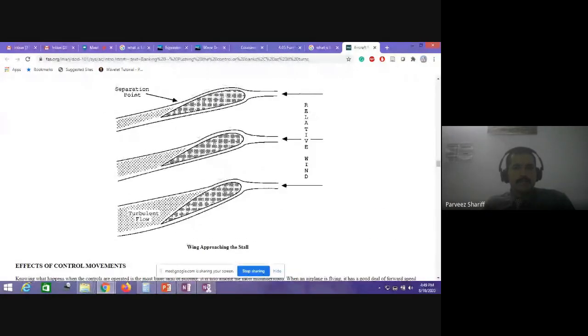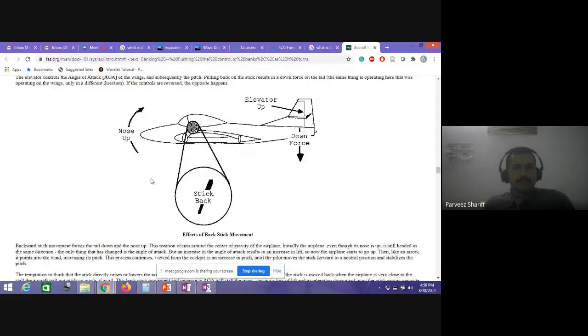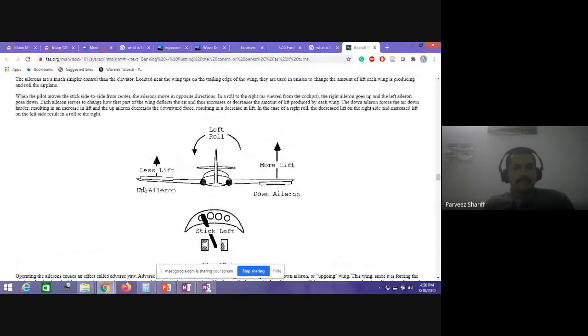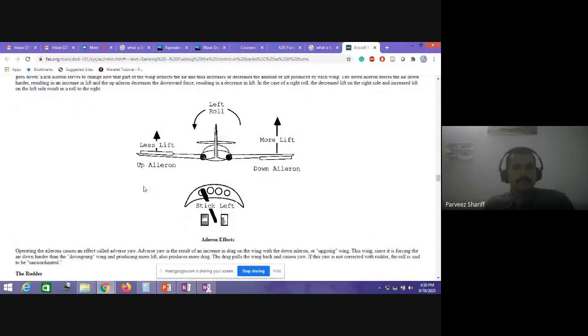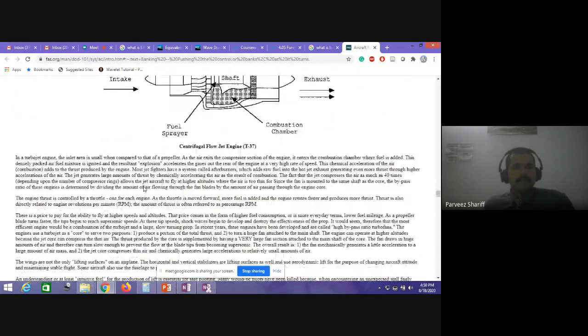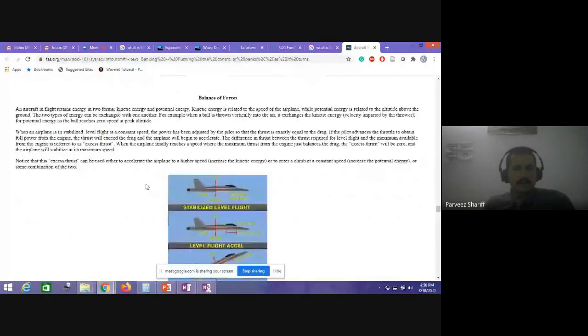And you see the angle of attack is increased and the turbulence increases at the trailing edge. You can visit this page. This is very nice.